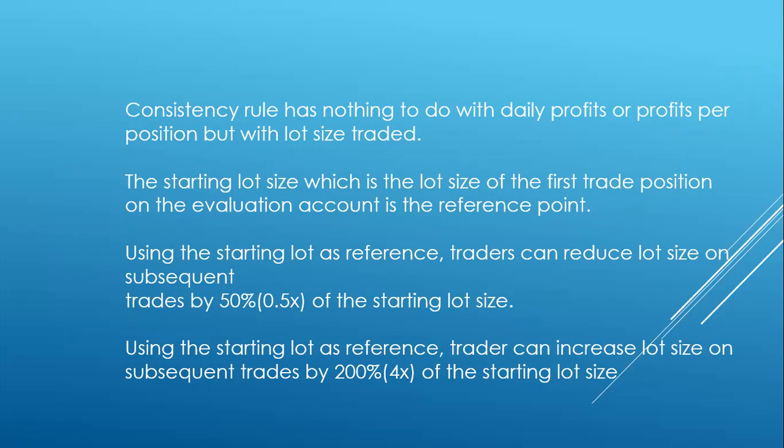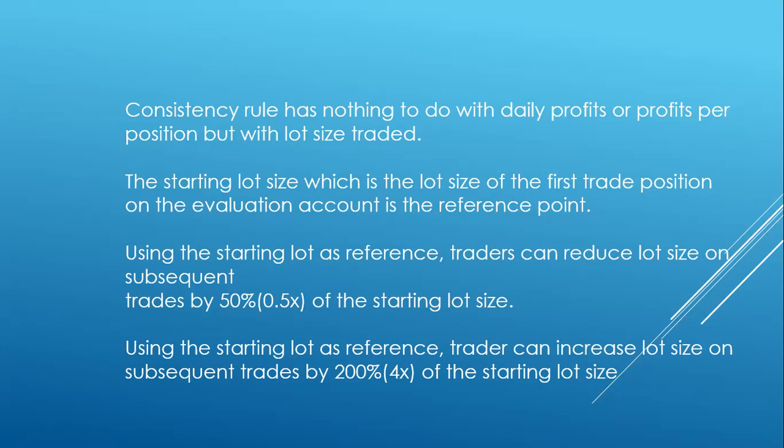So the profit is not a problem. You can make as much profit as you want. It doesn't matter. What they focus on is your lot size. If you hold a trade and news goes in your direction, maybe it goes like 200 pips and you make your profit, that's not a problem because you are still using the same lot size. So profit does not matter. What matters is your lot size.